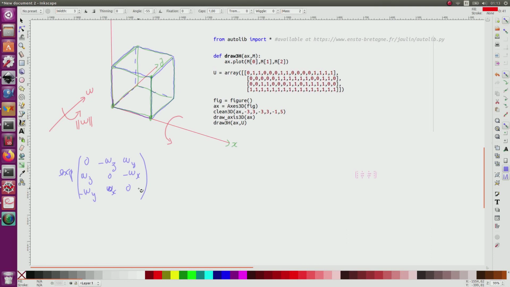So now, once I have the expression of the rotation matrix, to be able to rotate u, I will have to form the homogeneous rotation matrix as follows. I take this, so it is 3 lines, 3 columns, and I have to add 0, 0, 0, 1 here, and 0, 0, 0.